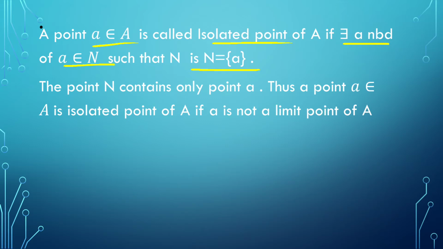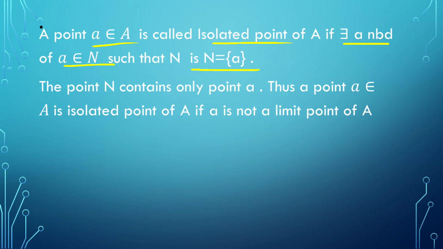If you look clearly at this, from the previous tutorial that I have already done about limit point, you'll find this is actually the opposite of a limit point, because a limit point allows a neighborhood to have another element which is not A. If you have that other element which is not A, the point becomes a limit point. But in this case, we have that particular element itself, and there's no other element.